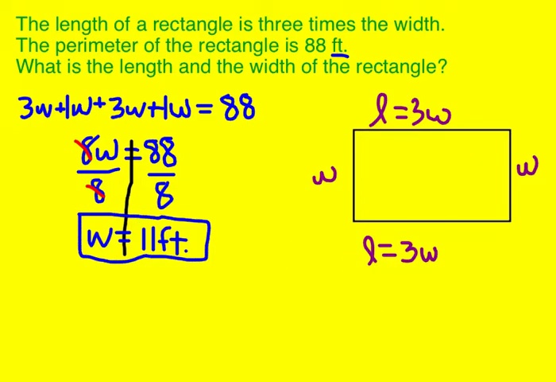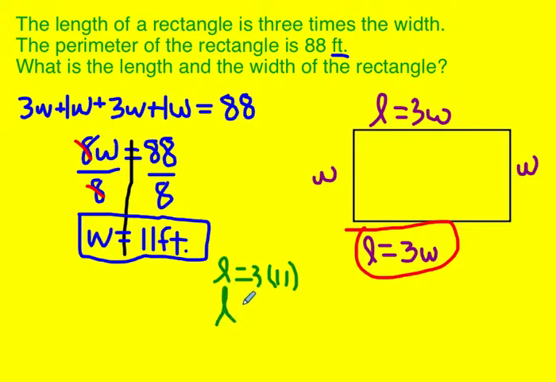But if I go over here, again, I see that I already have this equation that describes length to me. So length is equal to 3 times W, and I now know that W is 11. So I can say that the length of this rectangle is 3 times 11. And we know that 3 times 11 is going to give us 33.